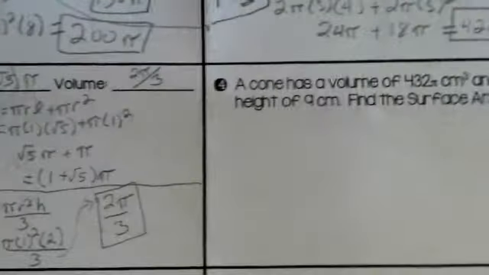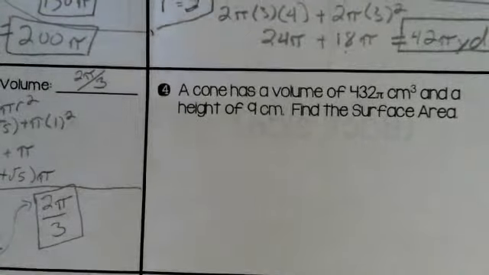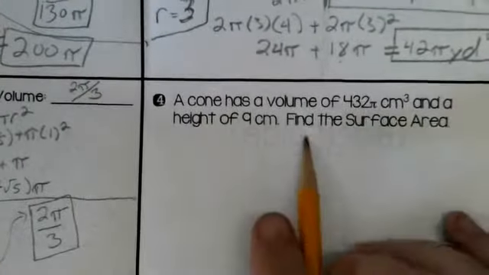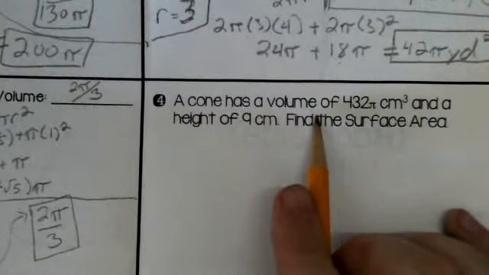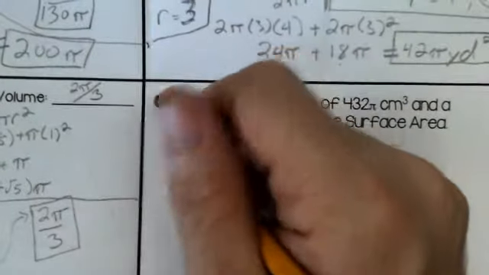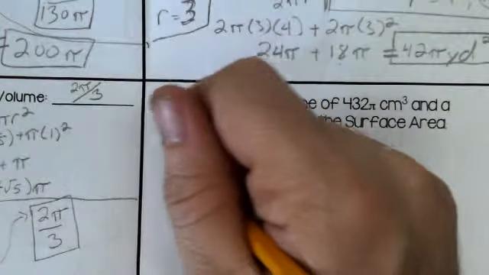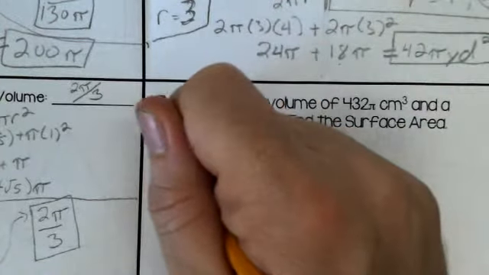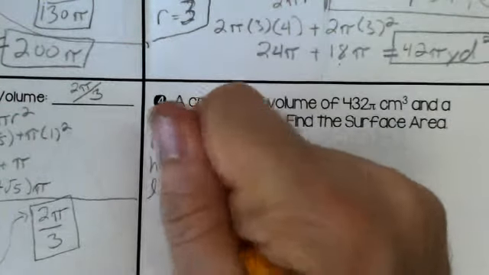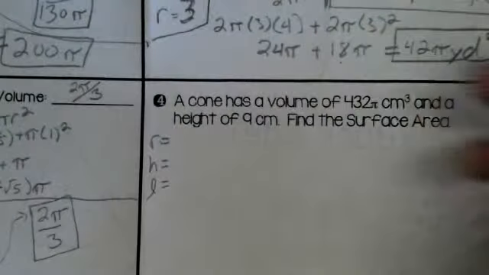And now for our other example. On this one, they've actually given us the volume, and so we're going to need to use that volume to find our height and our slant height. So again, we are going to need our radius, our height, and our slant height.